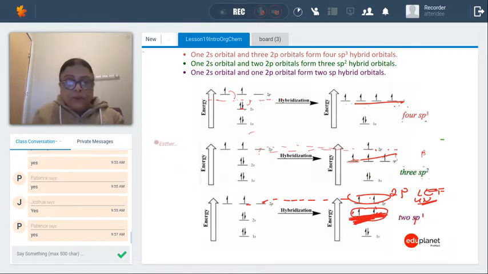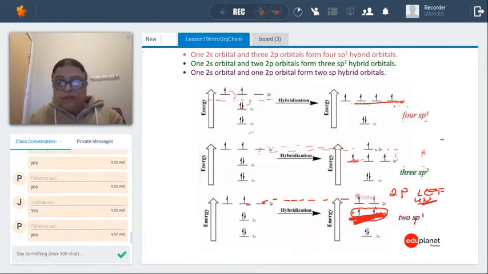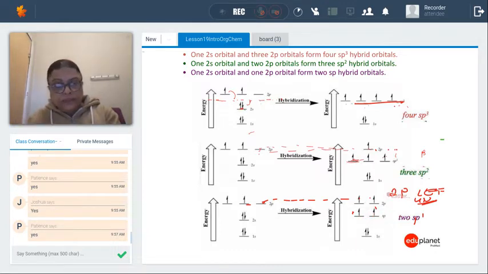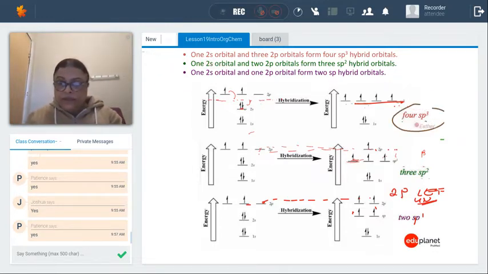Okay, so carbon can choose what he mixes. If he mixes 1 s with all the p's, we have sp3. Marked here, sp3 is 4 new orbitals, 1, 2, 3, 4. These are all hybrid, all a mixture.